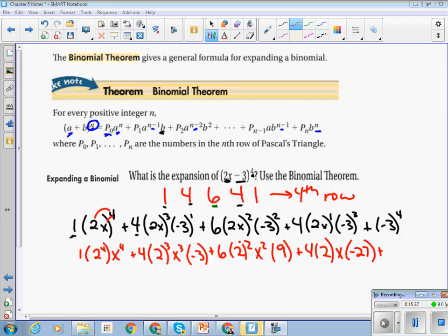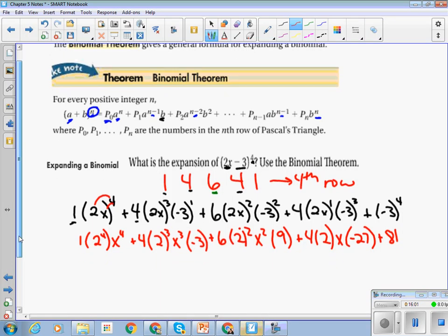Negative 3 to the 4th power, if you choose not to do this mentally, put it in your calculator: parenthesis first, negative 3, close parenthesis, and then raise it to the 4th power. If you don't put it in your calculator right, it might give you the wrong sign. So negative 3 to the 4th power is 81.